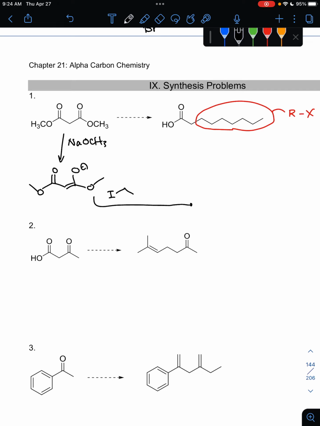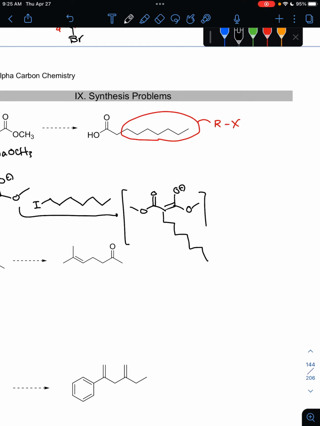Iodide is a great leaving group, so let's just use that. 1, 2, I already forgot how many carbons. 1, 2, 3, 4, 5, 6, 7 carbons, and so technically that would give us this intermediate. 1, 2, 3, 4, 5, 6, 7.